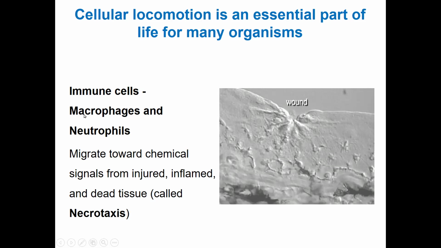And especially macrophages and neutrophil cells perceive the signal from the necrotic cells, and then show preferential movement toward the wound site, to repair the wounding site. This process is called necrotaxis. That is, taxis or preferential movement of macrophages and neutrophils toward the wound site.